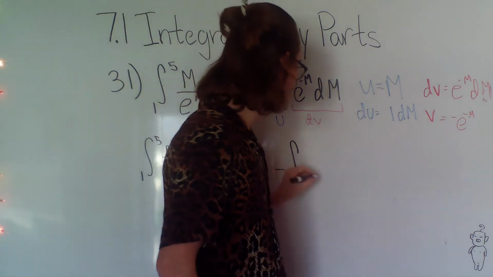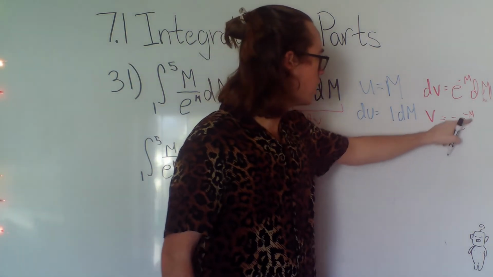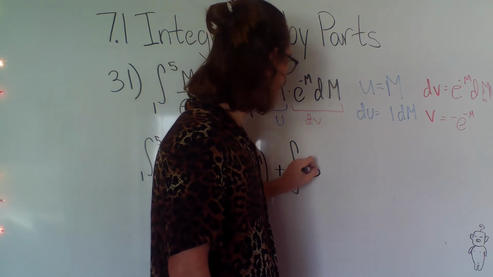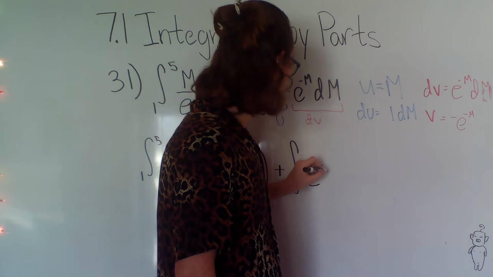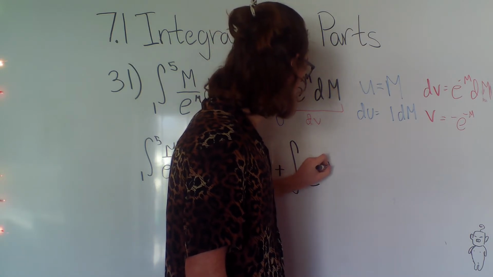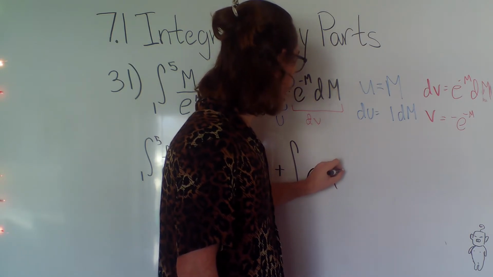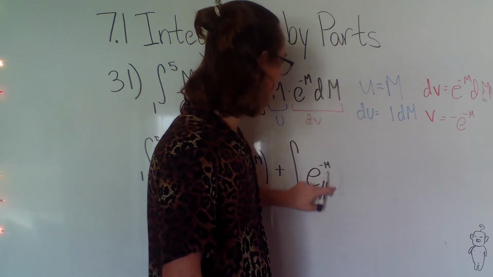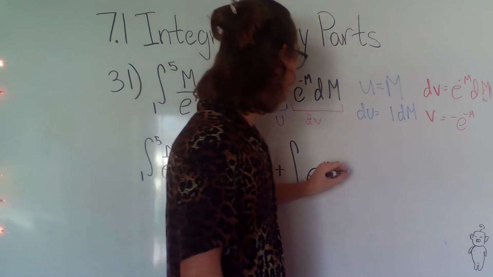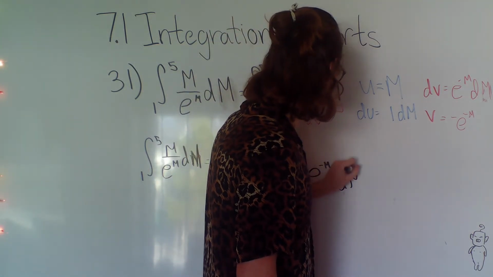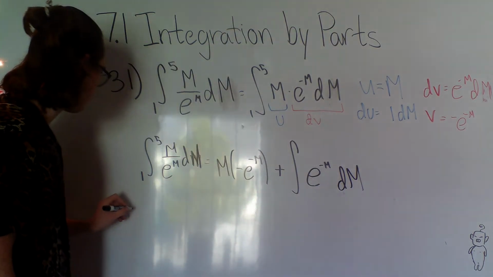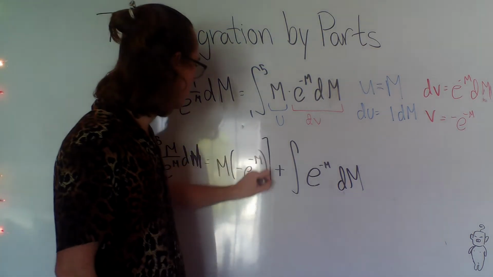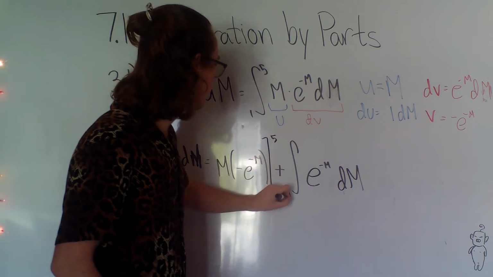So then that would just be negative e to the negative m. So we're going to say, okay, that becomes positive. That's e to the negative m times 1 dm, which I'm not even going to write. And so then we can just continue a little farther. And I forgot to write our bounds, so we have to do bounds 1 to 5 and 1 to 5.